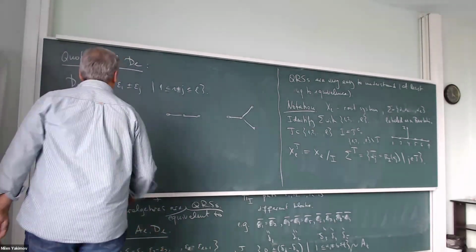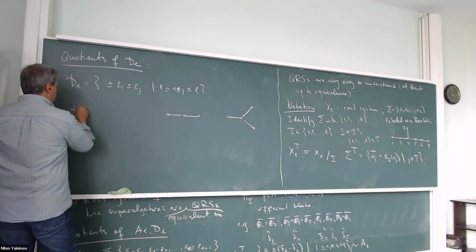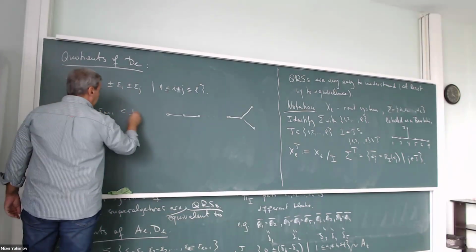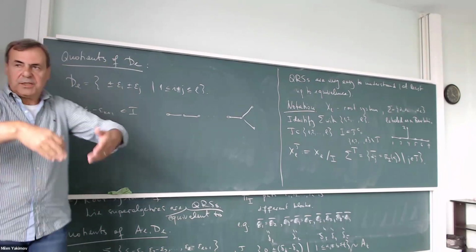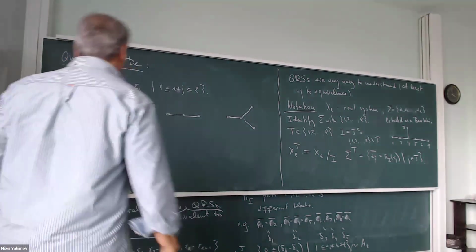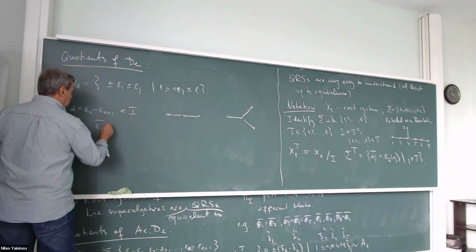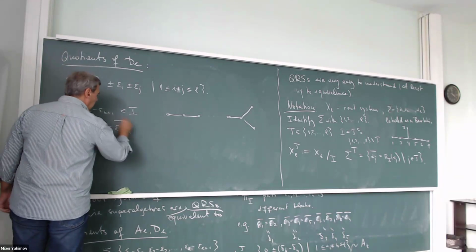And again, alpha equal epsilon k minus epsilon k plus 1 in I, if I start projecting, gives me epsilon k bar equal epsilon k plus 1 bar.